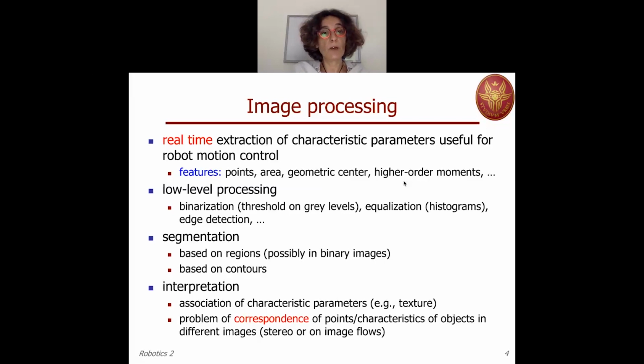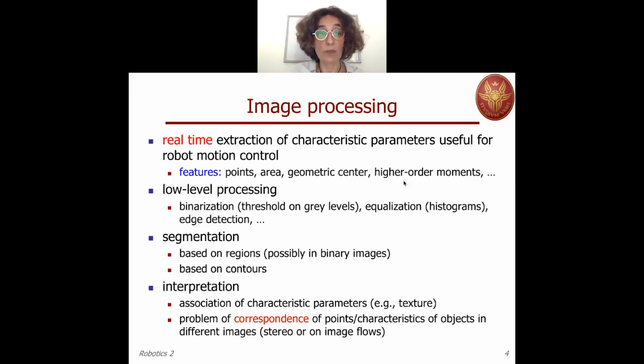Low-level processes that go from binarization of the image to segmentation and labeling, and so segmentation of the image with some semantics associated to the regions of our segmentation, and interpretation, so from the low level, just a thresholding, for example, an operation that distinguishes pixels whose intensity is above some threshold from those that have an intensity below the given threshold, until the interpretation of these regions, these features that we have found in the images.